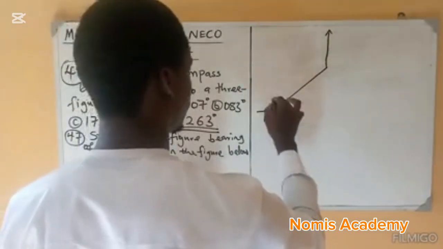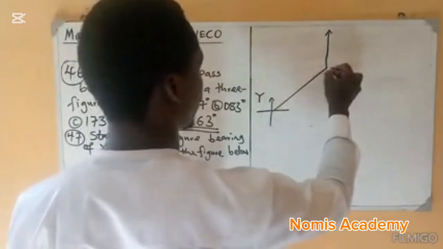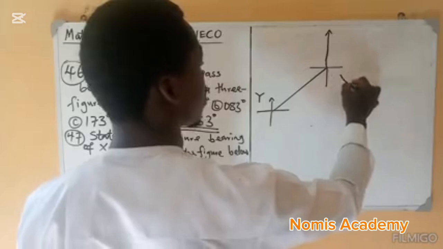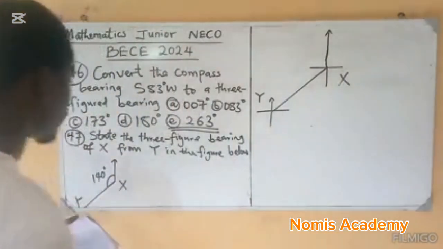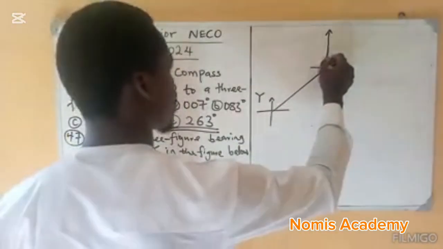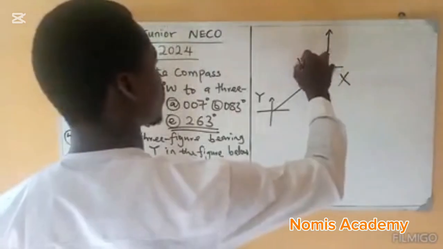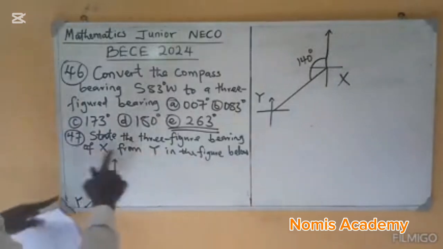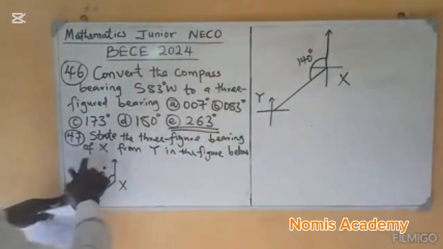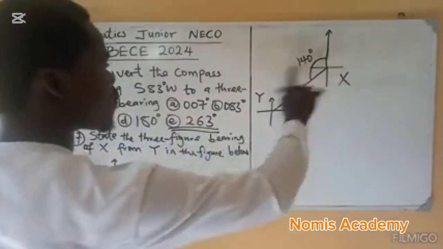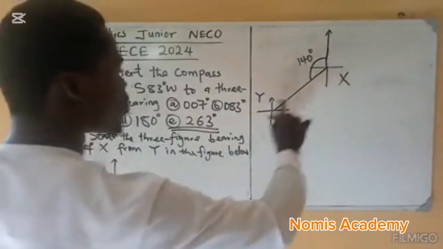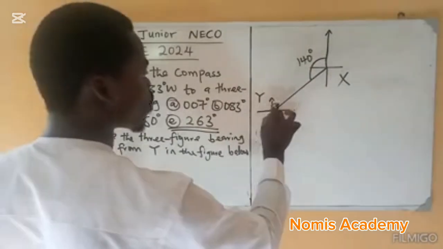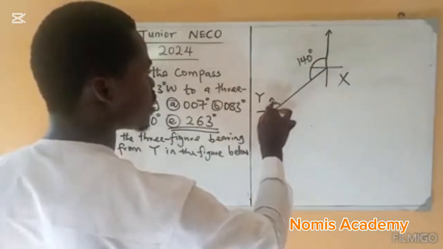Okay, so this is point Y. This is point X. Now we are made to understand that the bearing here is 140 degrees. Now we are asked to state the three-figure bearing of X from Y. So the bearing of X from Y is, starting from this point, this bearing.